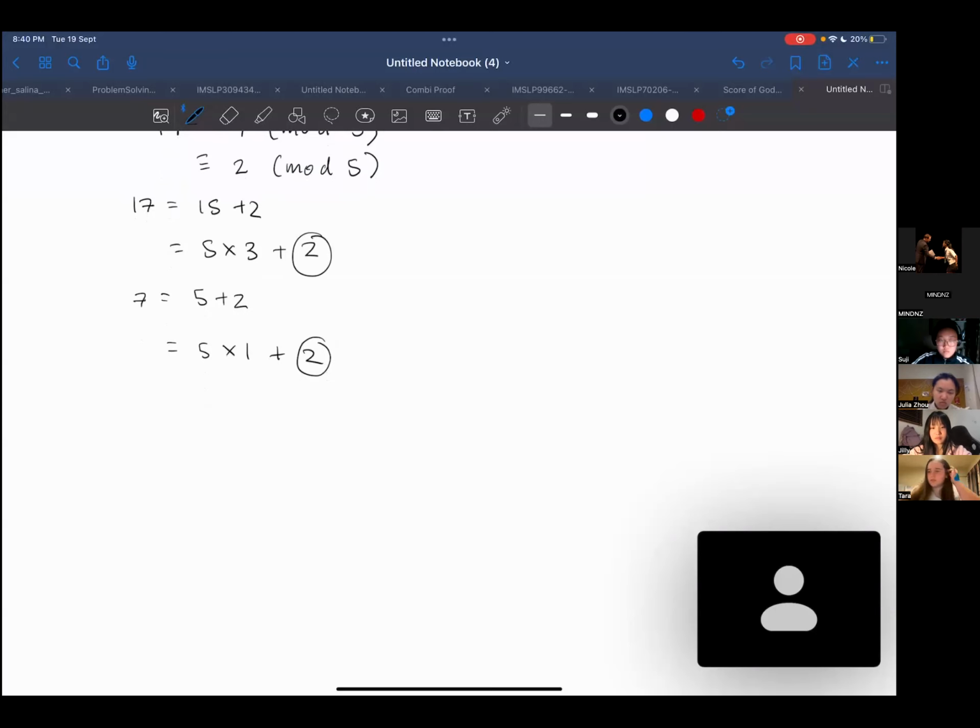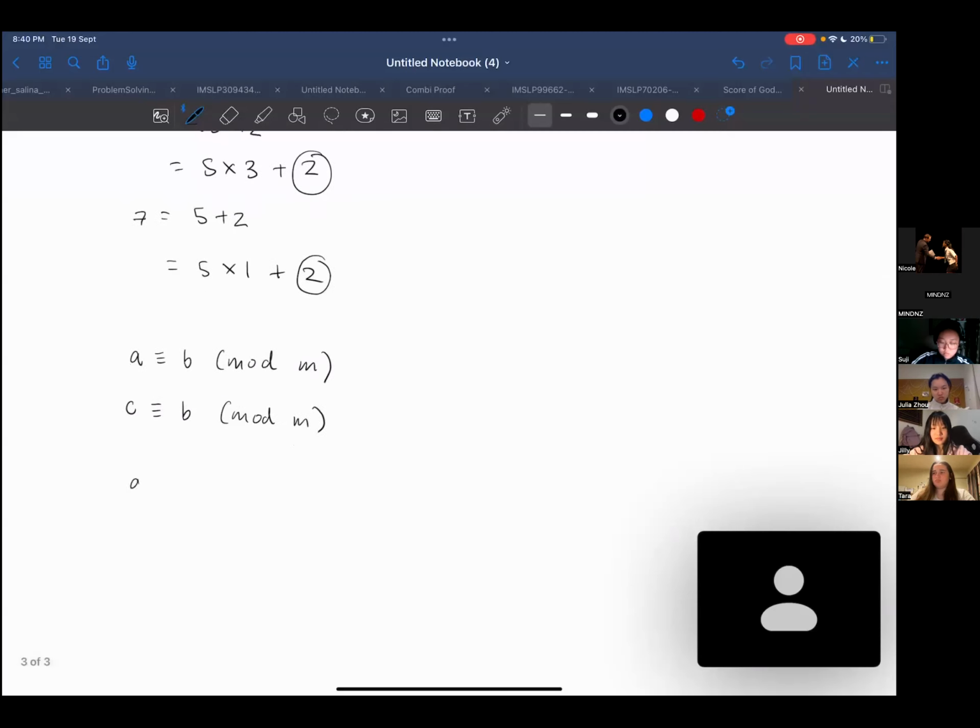Let's formalize this a bit more. A property would be that if a is congruent to b mod m, and c is congruent to b mod m, then a is congruent to c mod m.